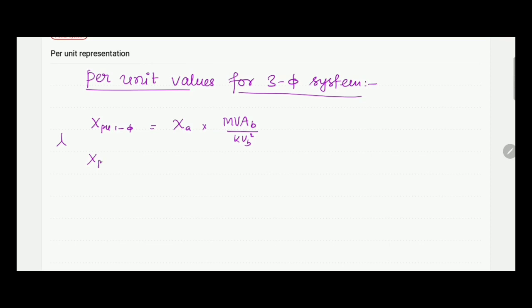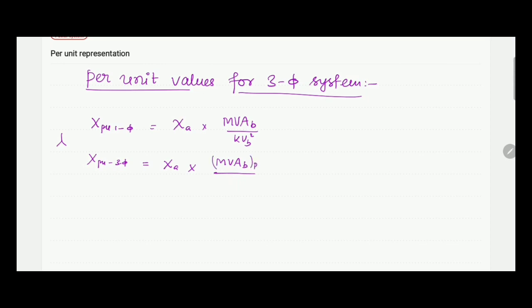Here X per unit three-phase will be given by XA multiplied by MVA base, MVA per phase, divided by voltage square in per phase.